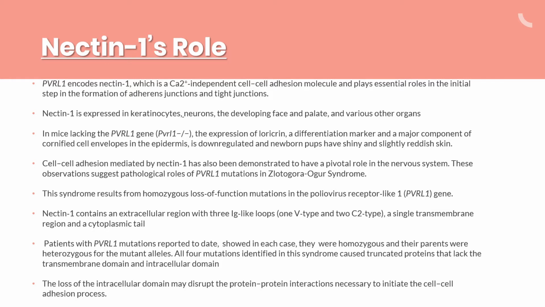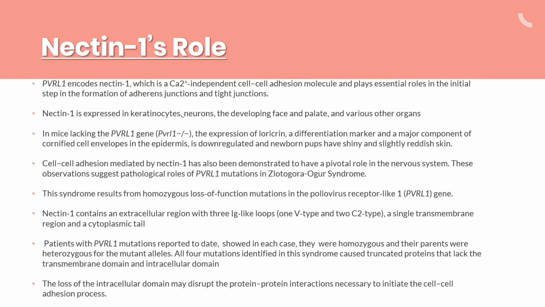This syndrome results from homozygous loss of function mutations in the poliovirus receptor-like 1 gene. Nectin 1 contains an extracellular region with 3 immunoglobulin-like loops, 1 V type and 2 C2 types, a single transmembrane region, and a cytoplasmic tail. Patients with PVRL1 mutations reported to date were in each case homozygous, and their parents were heterozygous for the mutant alleles.